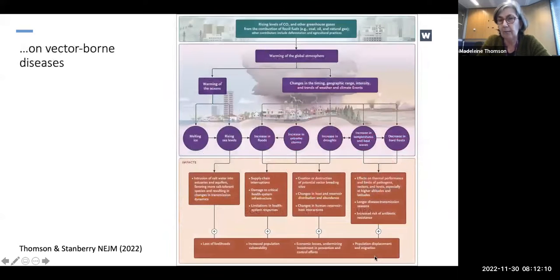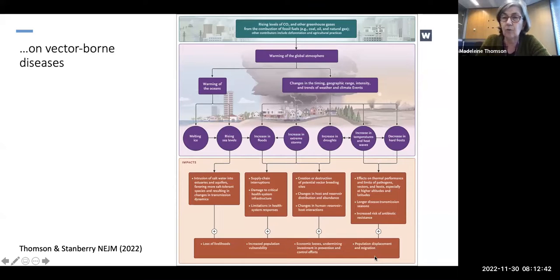I just show one pathway, and this is a pathway to vector-borne diseases. And as you can see, you start to get quite detailed. On the right-hand side, it would be the impacts of drought and increased temperatures on the thermal performance curves of pathogens, vectors, reservoir hosts, etc. And on the left-hand side, we see melting ice and its impact on rising sea levels.